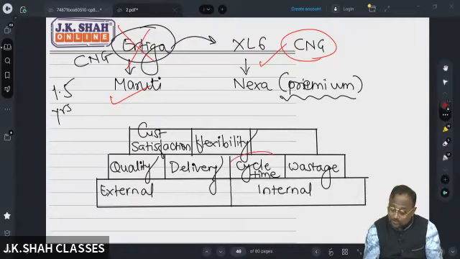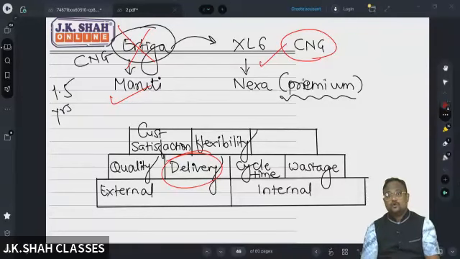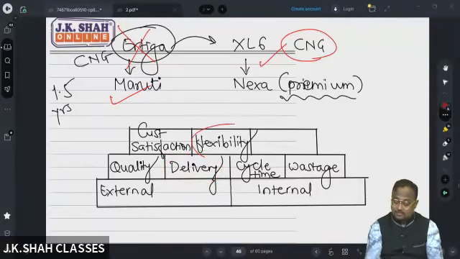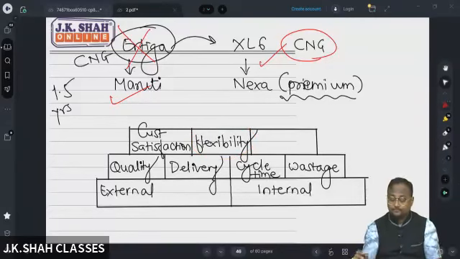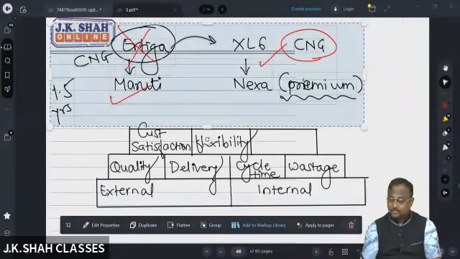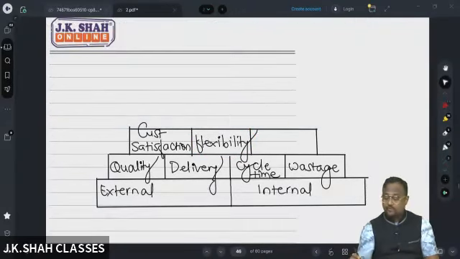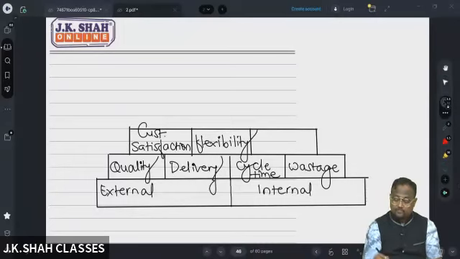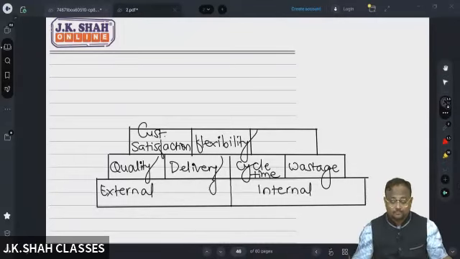Now that is possible when you have a control over your production system, plus you have a control over your delivery system. That gives you flexibility. I hope you guys understood the example very well. You can verify all these examples.